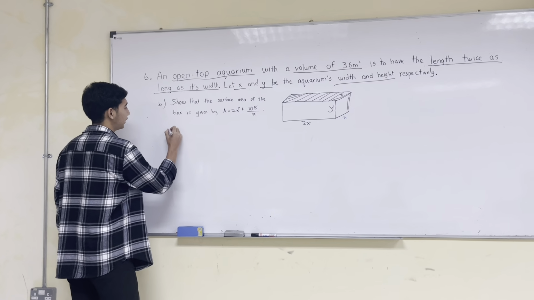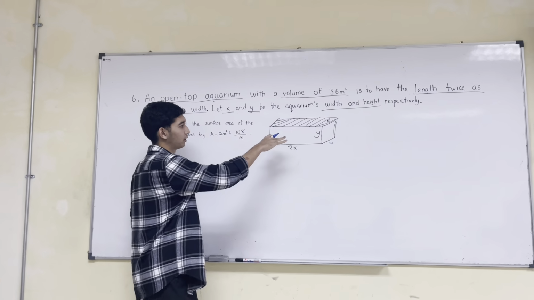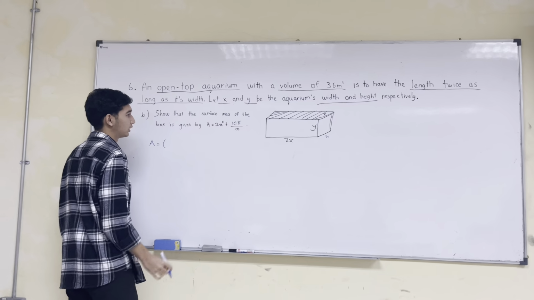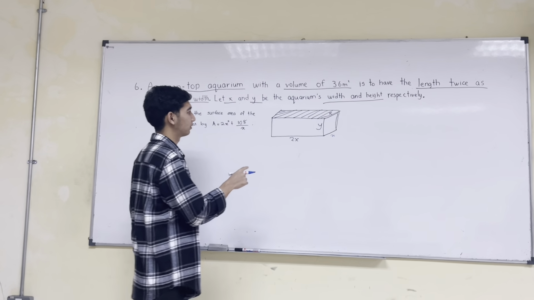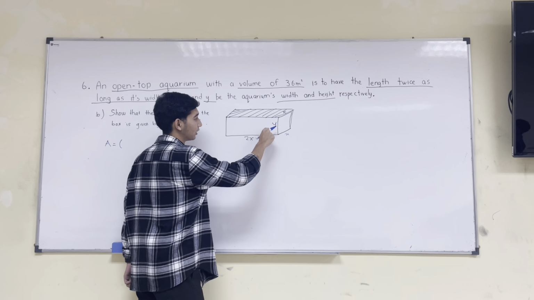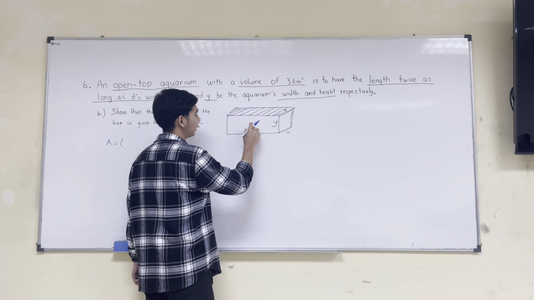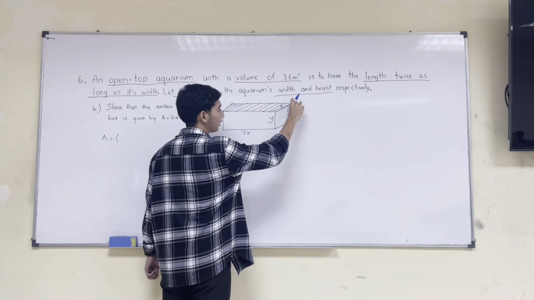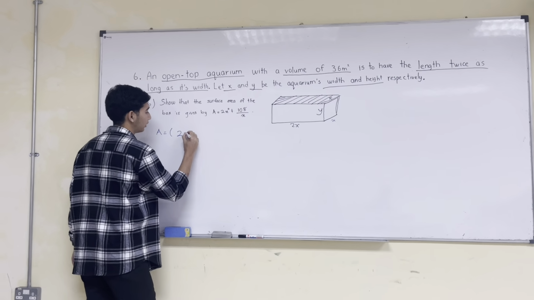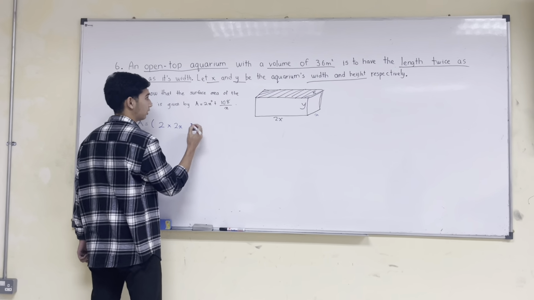The first surface area is here, 2x and the height is y. We have two of the same surface area, the front and the back, so we write 2 times 2x and y.